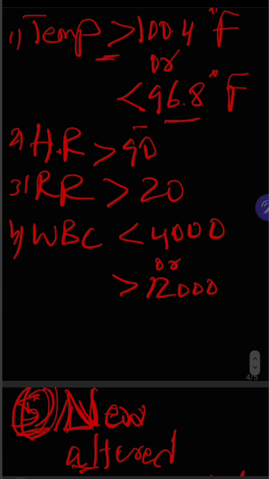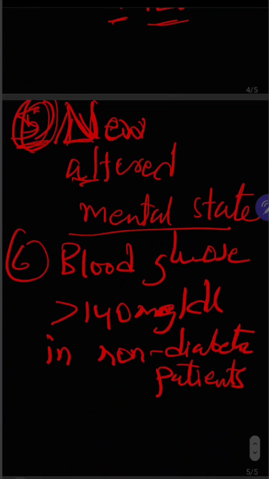Okay, so temperature more than 100.4 or less than 96.8, heart rate more than 90, respiratory rate more than 20, WBC less than 4,000 or more than 12,000, new altered mental state, and the sixth one is blood glucose more than 140 milligrams per deciliter in non-diabetic patients.